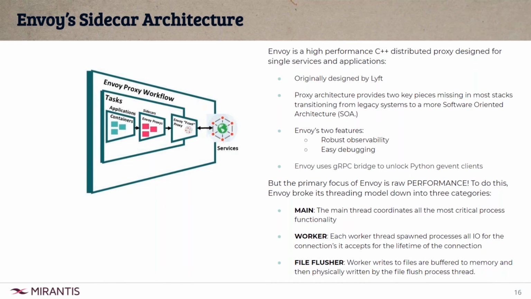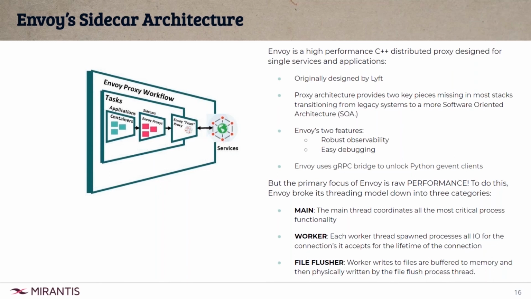It used that proxied architecture and was developed against the software-oriented architectures of old. That's been around since I was playing in Dirt. And the two greatest features was, of course, giving observability and allowing you to debug what was going on between microservices so you could recover easily from things.